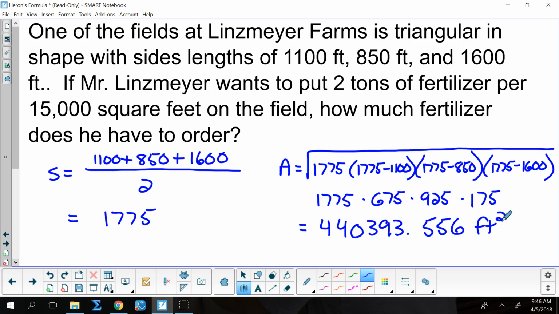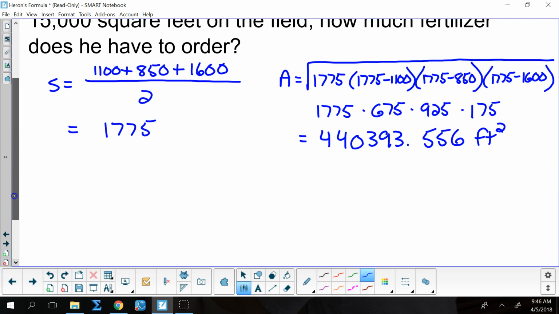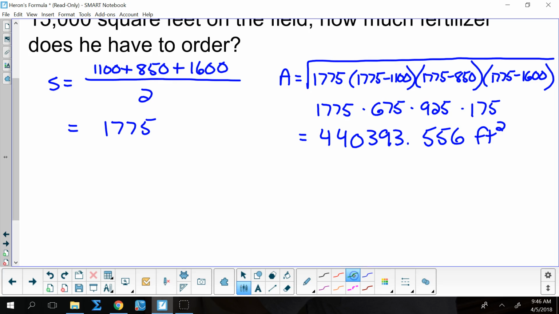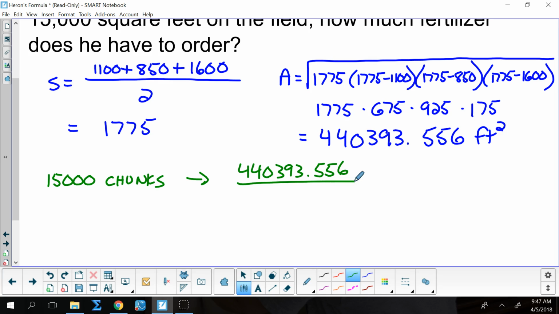Yes? Okay. So then we said now we have to figure out the amount of 15,000 foot chunks. So we're going to take that 44,0393.556 and we're going to divide it by 15,000.